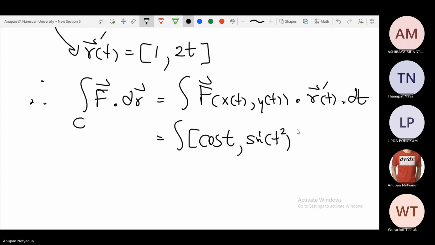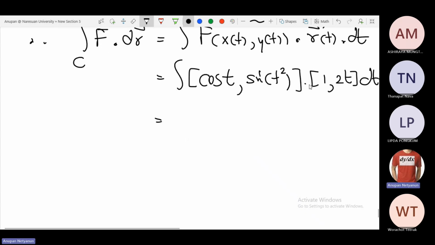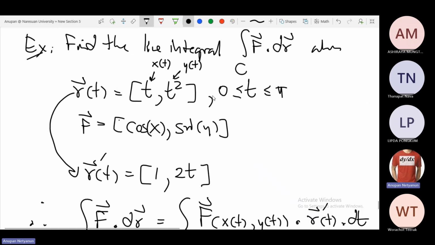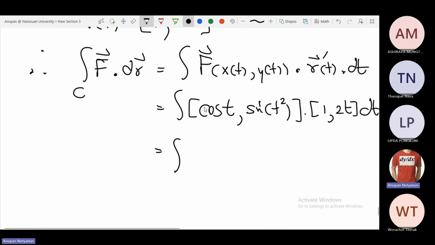And you dot with the vector r prime t, which is 1 and 2t. And then dt. And the running number for t is from 0 to pi.